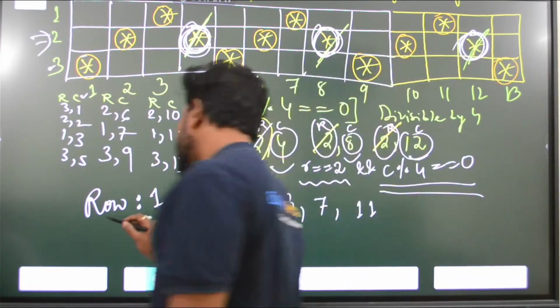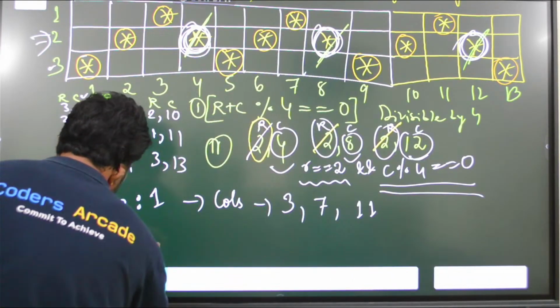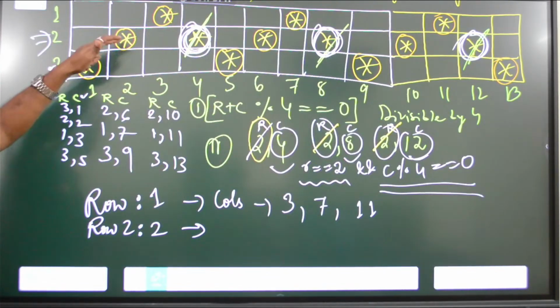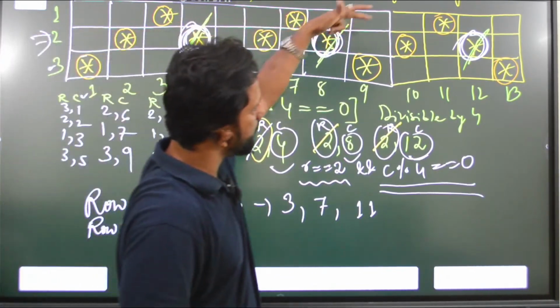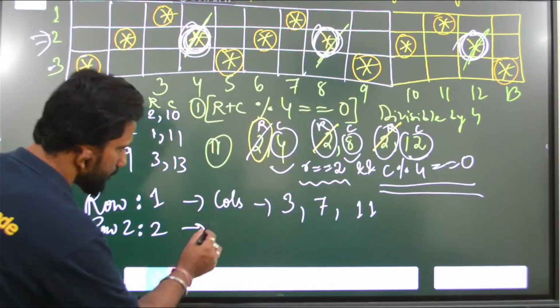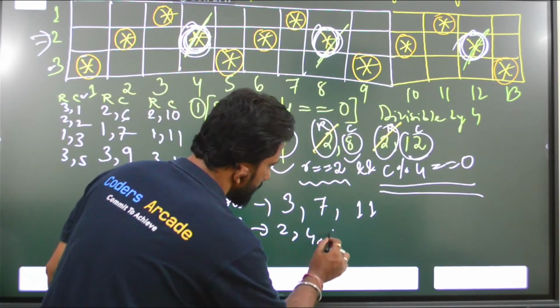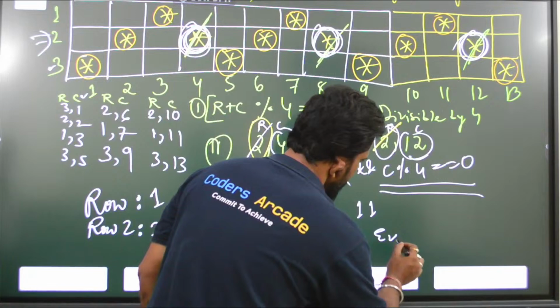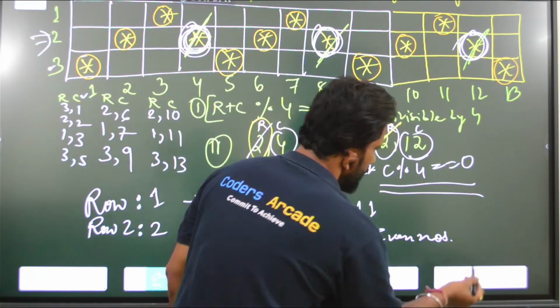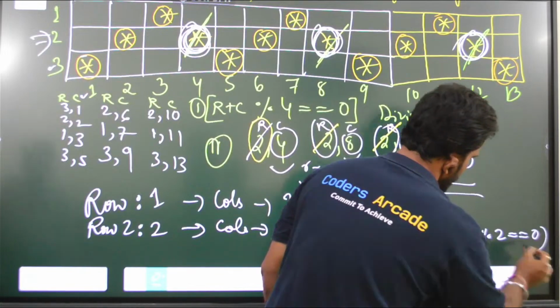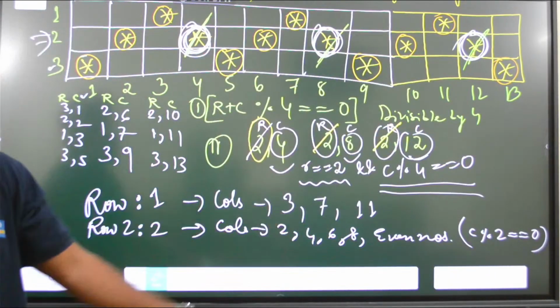For the second row, row 2, if you see here, 2, 4, 6, 8, 10, 12, they are actually even numbers. Columns are 2, 4, 6, 8, so they are even numbers. So I can write column modulus of 2 equal to 0. This you already know, I don't have to discuss it again, right?